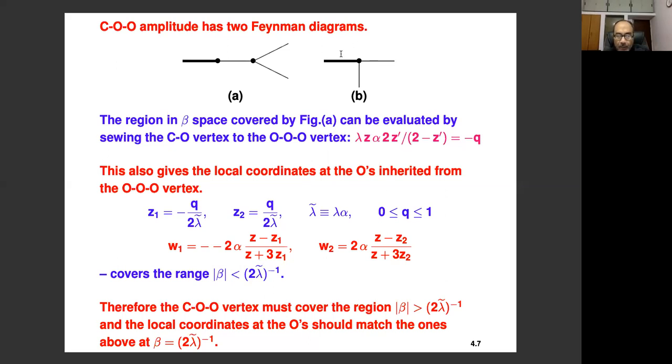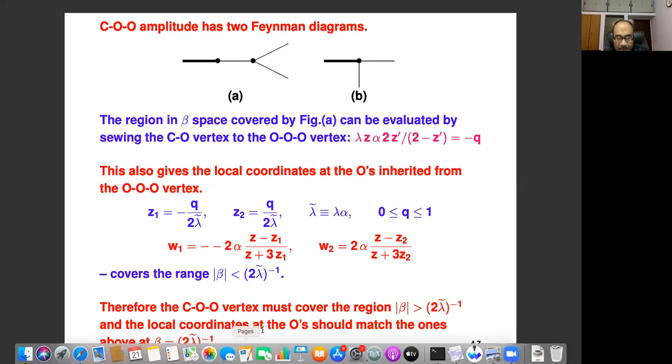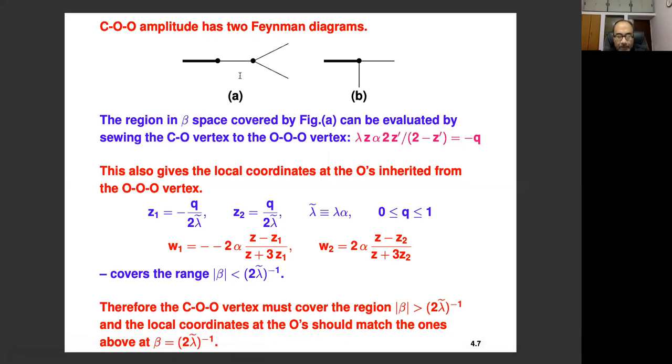Similarly, local coordinates associated with this diagram must be chosen in such a way that at the boundary between A and B, that corresponds to q equal to 1, the local coordinates that are induced from this diagram must match the local coordinates that are induced from this diagram. So here are the local coordinates, W1 and W2, that we induce from this diagram.